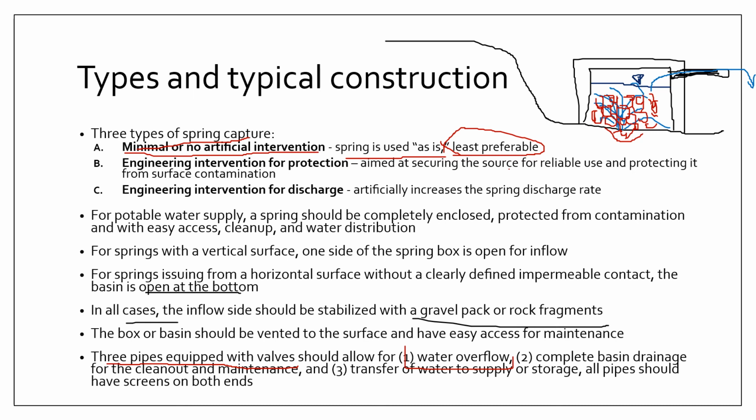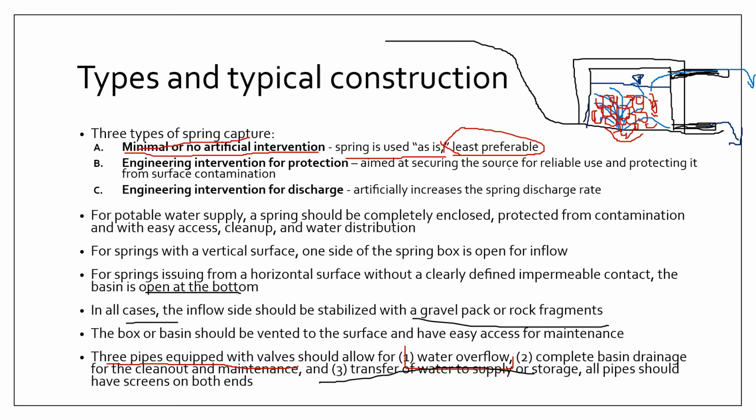And then you will typically also have a bottom pipe for clearing out the spring box. So in case the spring box gets a lot of algae or bacteria build up, this can be drained out from the bottom and the spring box can be sanitized.